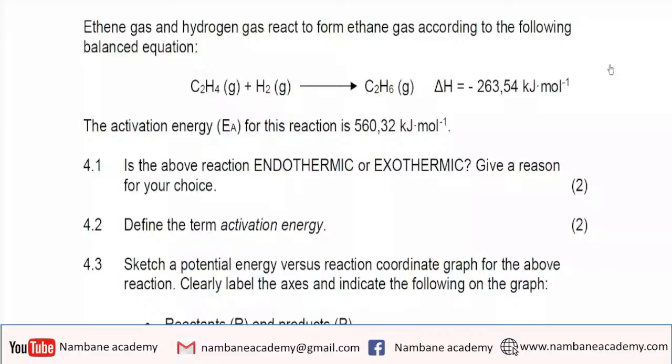Yes, colleagues, let us note that I understand the concept of a reversible reaction is not explicitly indicated in the examination guideline and the ATP, I presume. But for the purposes of the application of the principles, let us also indicate to the learners that if this was to happen this way, this is what will happen.